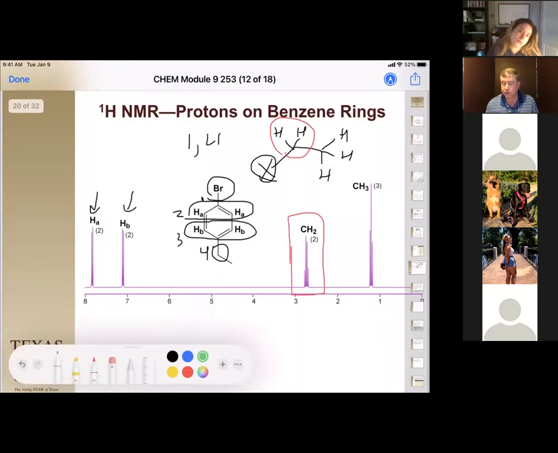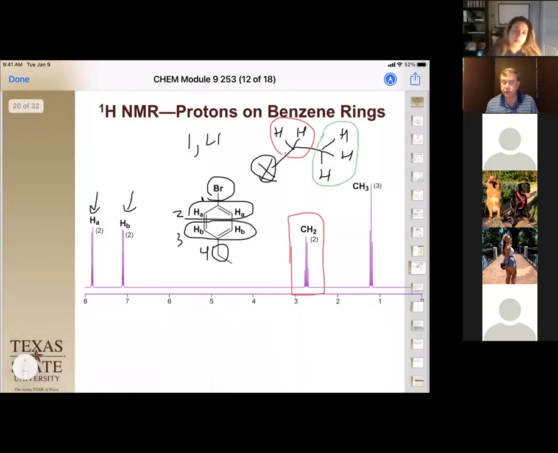And these will be split by 2, so that's going to be a triplet. Okay, so this is a classical pattern that is really recognizable: this doublet of doublets for a benzene ring above 7 to 8 ppm, and this ethyl group right here, the triplet and quartet.